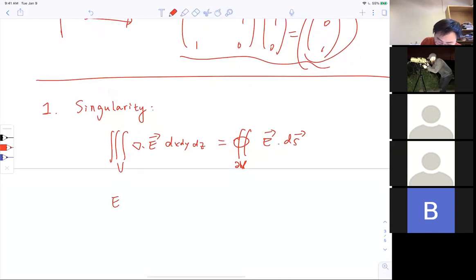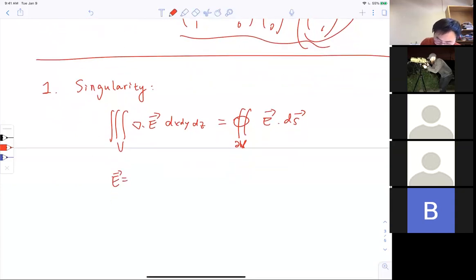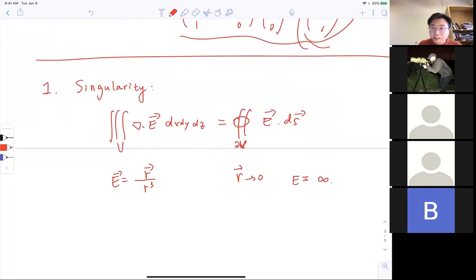Now imagine my E equals r vector over r cubed. You can see very obviously that there's a singularity at the origin. When r goes to 0 at the origin, this E becomes infinity. So now let's naively apply this to the electric field.